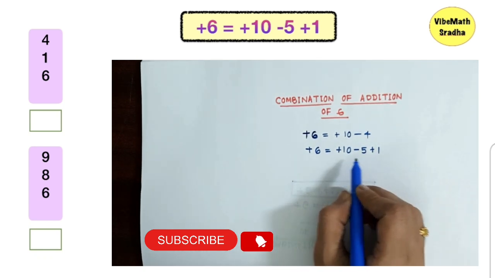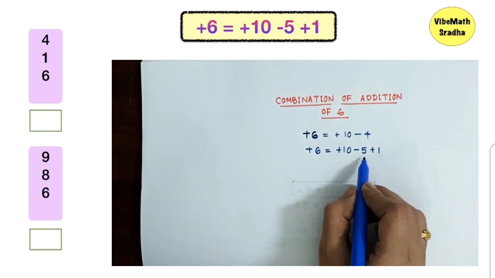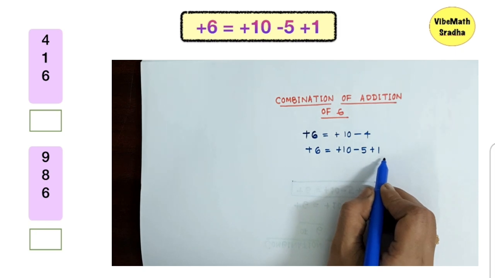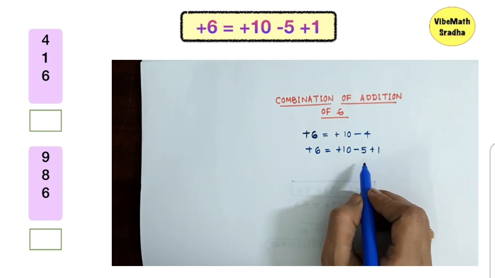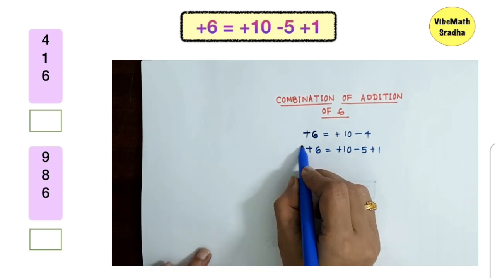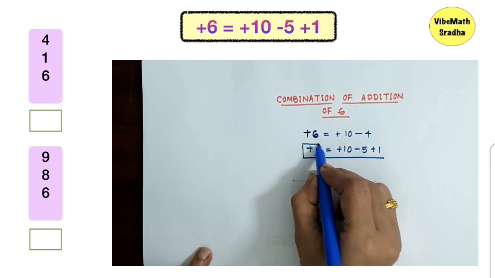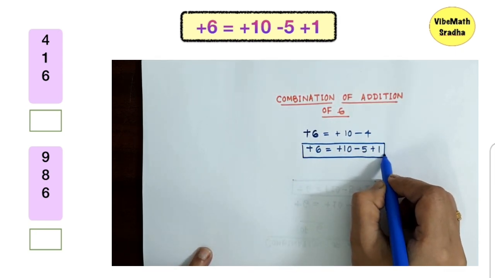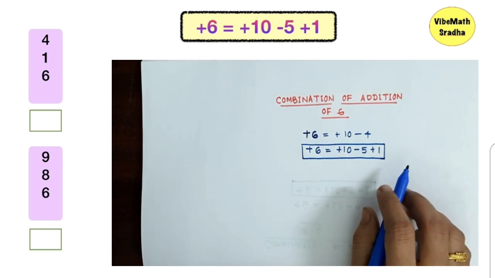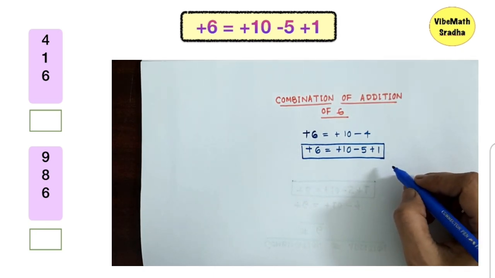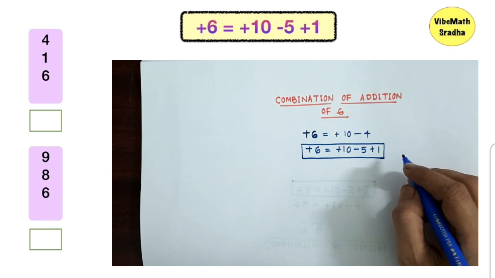In this equation we used both big friend and small friend formula, right? So that's why it is called combination. Here we got the formula for combination of addition of 6. Now we will be using this formula in all of our sums, right?